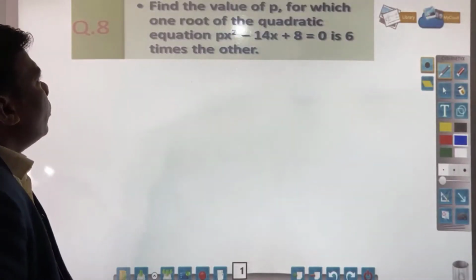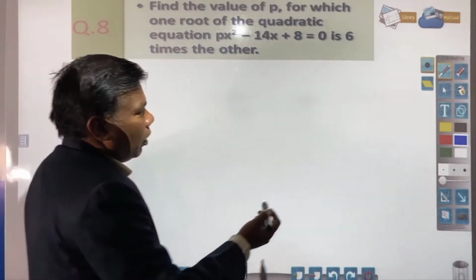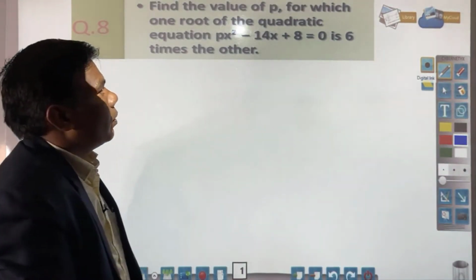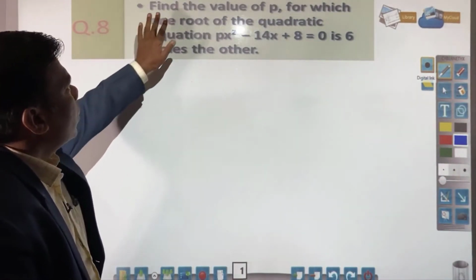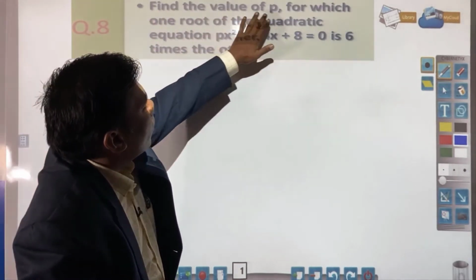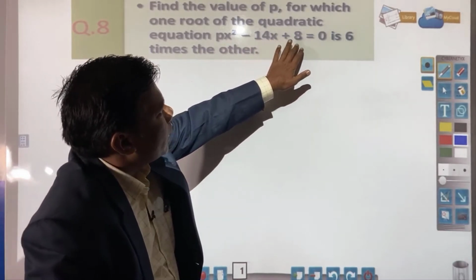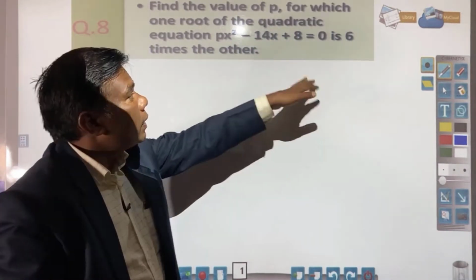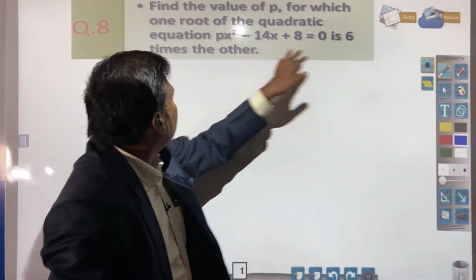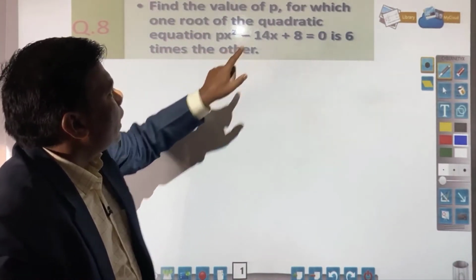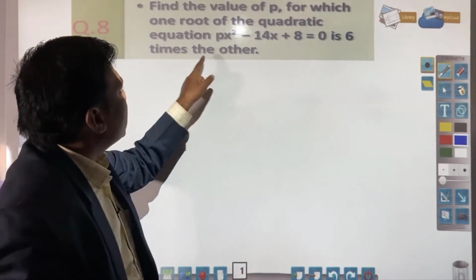So, here we have the question, how will we solve this? First of all you need to know what has been given and what you need to find out. You need to find out the value of p. Your equation is p x square minus 14x plus 8 is equal to 0, and one condition has been given: one root of the equation is 6 times the other.